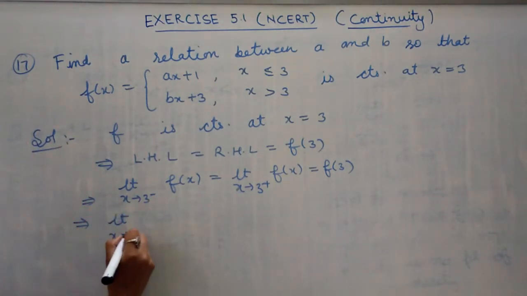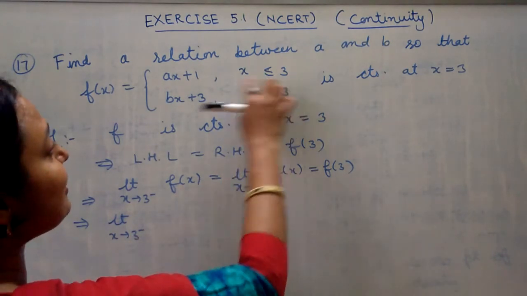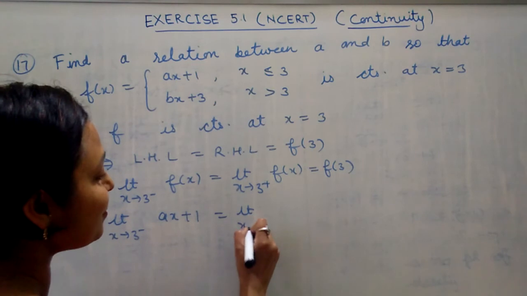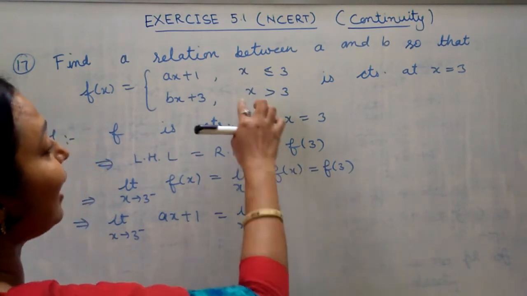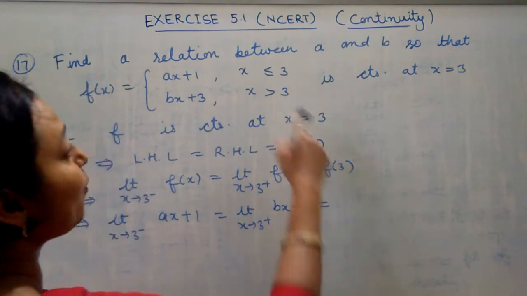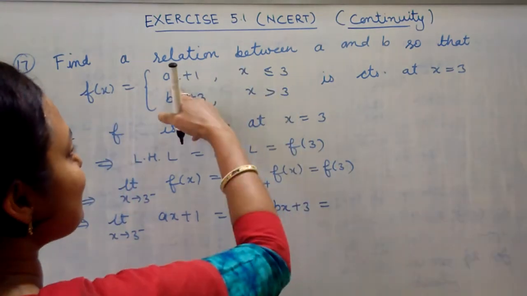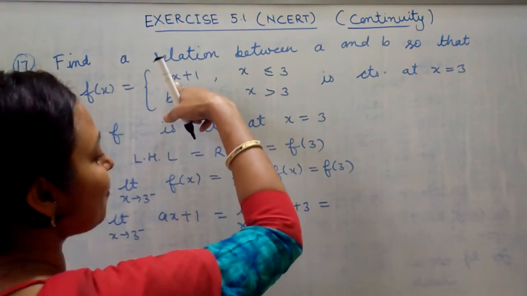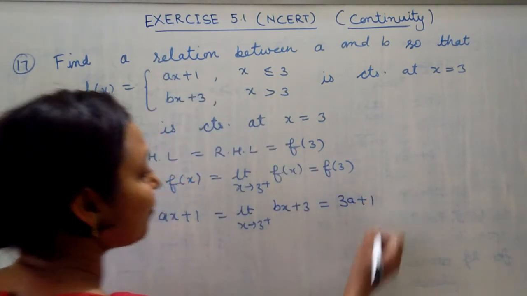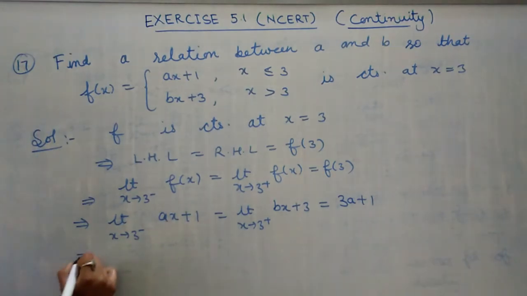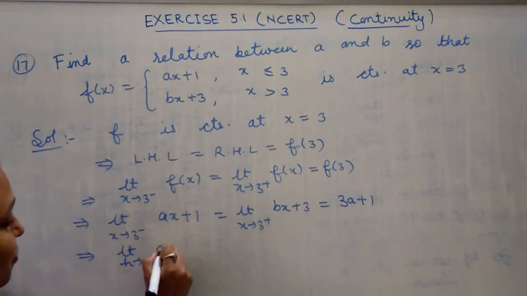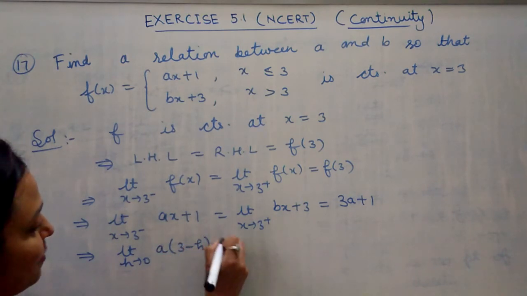Limit as x approaches 3 negative: for less than 3 we have ax plus 1. Limit as x approaches 3 positive, we have bx plus 3, and for equality we have, in place of x, we put 3: 3a plus 1. When h approaches 0, this will change into 3 minus h plus 1.